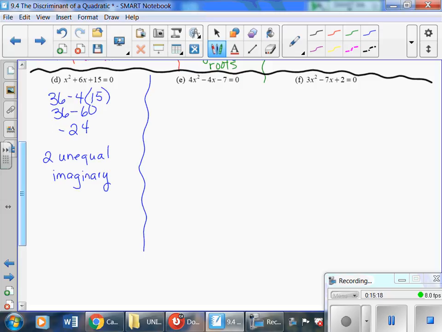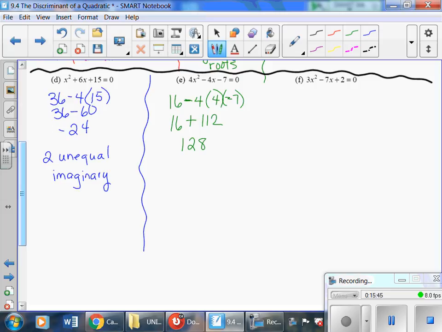E, b squared minus 4 times a times c, which is 16, minus 4 times 4 is 16, and 16 times 7 is 112. So it's going to be a positive, because I have a negative and a negative, positive 112, which turns out to be 128, which is a very nice number, but it's not one of my favorites.